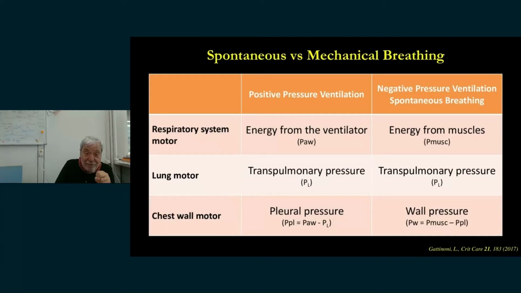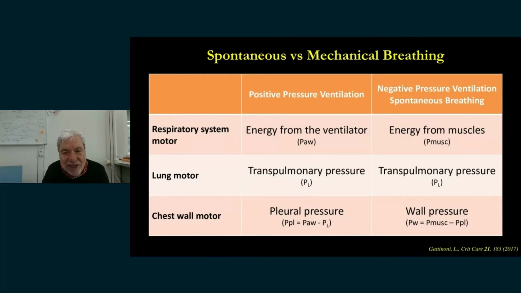And what makes the pleural pressure negative is the P muscle pressure, which is usually ignored, but is the equivalent, in terms of physiological meaning, of the pleural pressure during spontaneous breathing. So, in a sense, what changed in terms of providing energy is just ventilator and muscles. But all the rest, in terms of mechanics, is not so different.